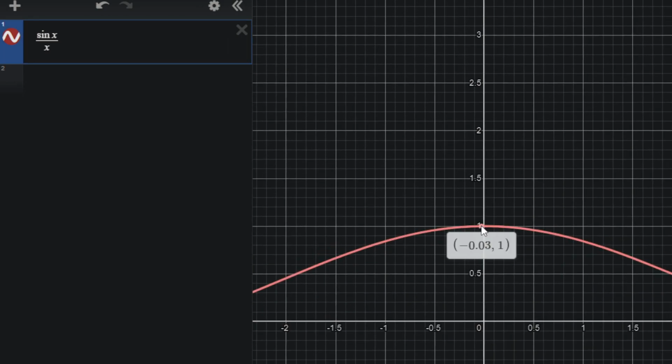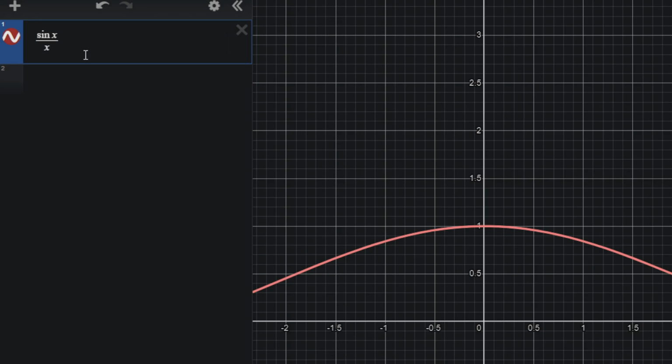But it's hard to know exactly. What if the point is like 0.99995 or something? It does start rounding to 1 as it gets really close because this graphing calculator only rounds to 3 decimal places. But maybe it's like 0.999999997 or something. So how do we know it's 1?